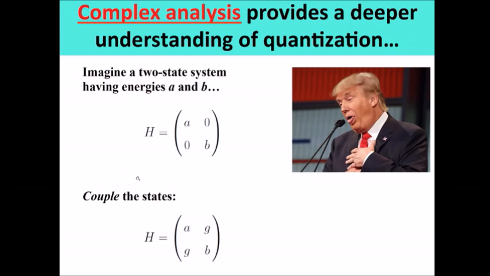So now what I'm going to do is I'm going to couple the states. So with a coupling constant g, I'm going to couple the state A with the state B, and this is my interacting Hamiltonian, okay?